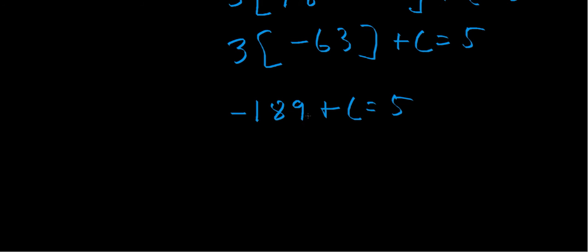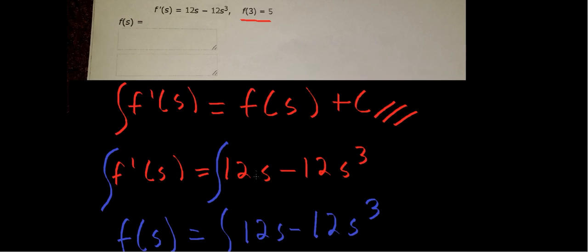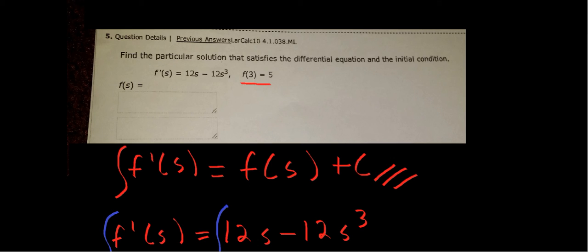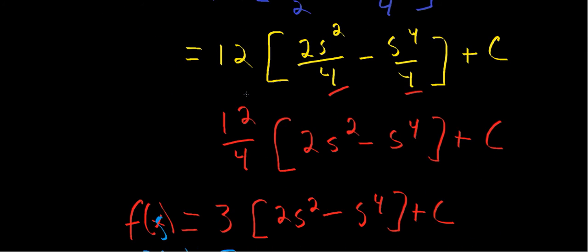Now to solve for c, we add 189 on both sides, so c equals 189 plus 5, which is 194. And we're not done yet, because it asks us to find the solution that satisfies the differential equation and the initial condition. So they want us to find the whole function f.